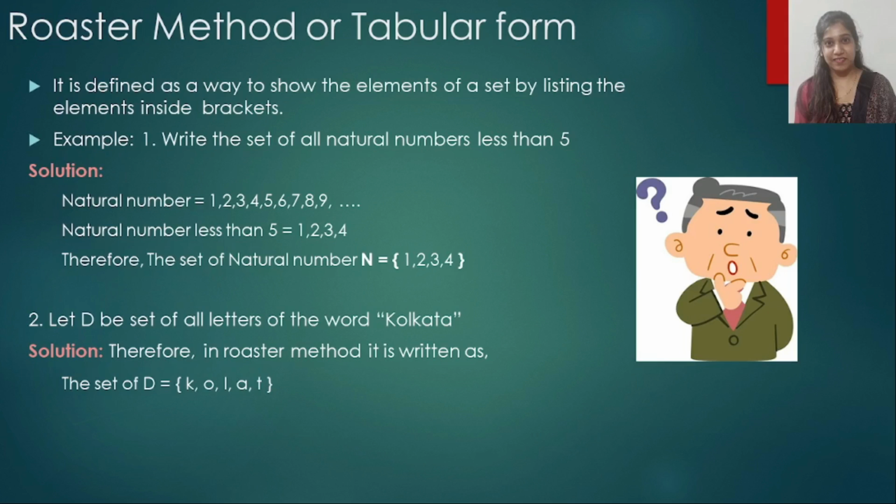If you notice, I have written K only once and A only once. In a set, there is a rule that every repeated letter in the word is taken only once. So children, remember this rule: every repeated letter is taken only once inside any set.